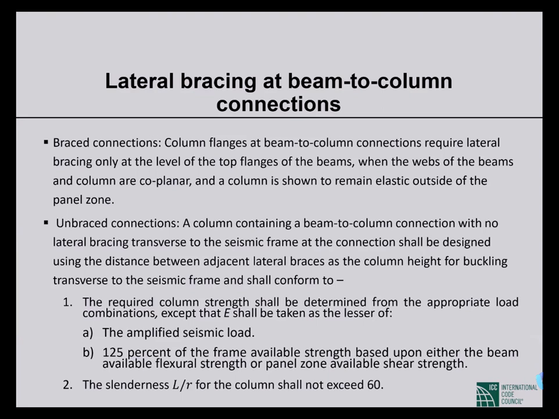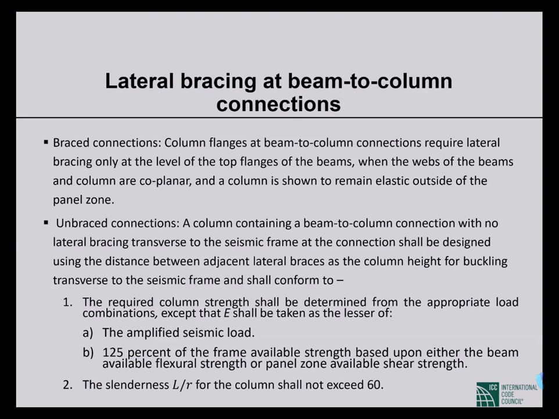So for designing for seismic loading condition and for buckling, what should be the length that we should consider as the length of the column? From the point where there is lateral brace to another point where there is lateral brace. From the point of lateral braces, we'll consider the length of the column. So that is the condition.